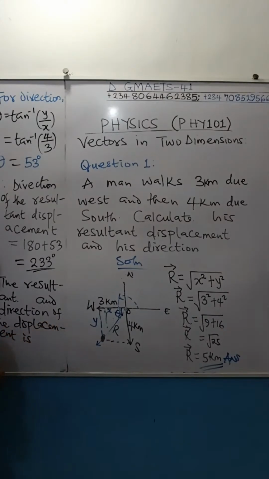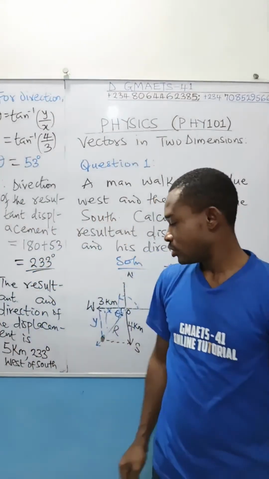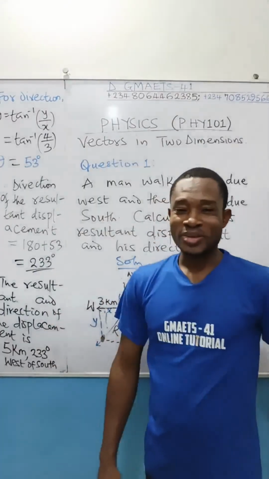The magnitude is 5 kilometers, then comma, 233 degrees, west of south, or you can pronounce it southwest. This is how we solve this question.